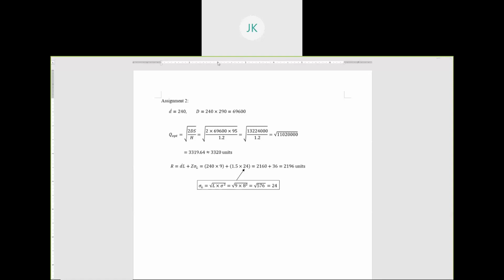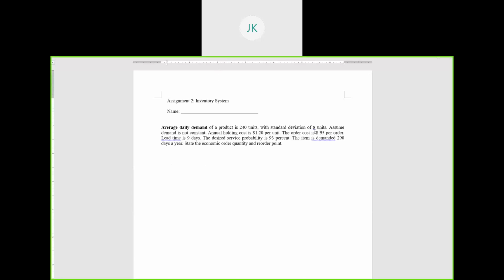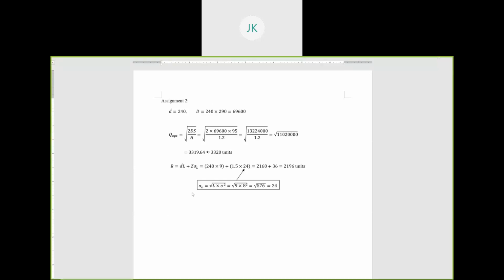Given standard deviation is 8 units, and lead time is 9. So lead time 9 times standard deviation 8 squared, and then the square root, that is the square root of 576, equals 24. Plug in there.